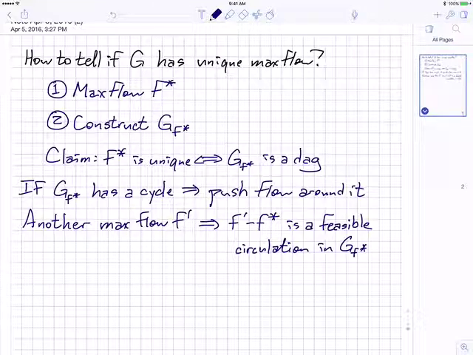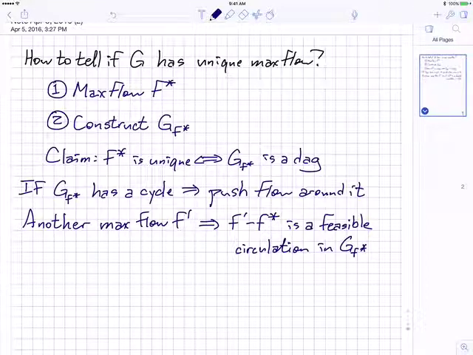And verifying that, so assuming this is in fact a flow, it's going to have value 0 because the value is a linear function of the flow. So the net F prime flow out of S minus the net F star flow out of S is going to be zero because F prime and F star are both maximum flows.